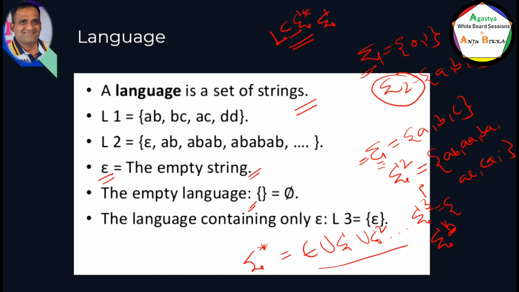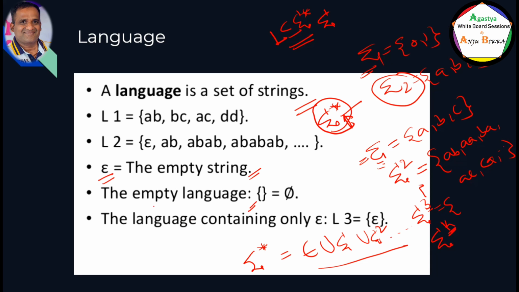The union of all these. So what is sigma star? Sigma star is the set of all strings over sigma. Then that is called sigma star. Then a language is a subset of sigma star.